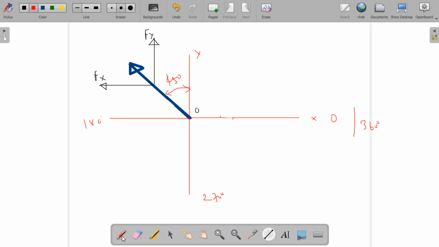Now to solve this fy, we have to take this force F, that is 100 kilonewton.